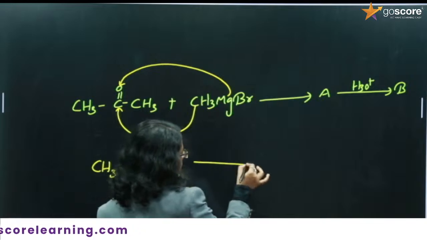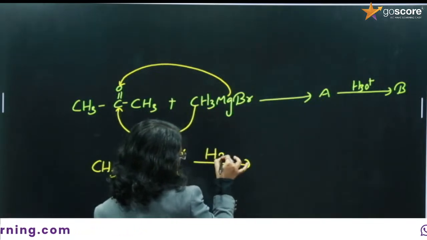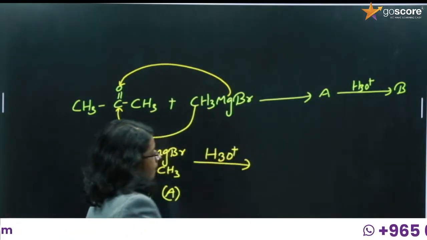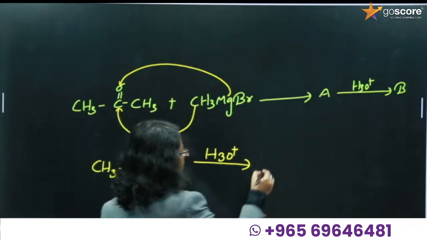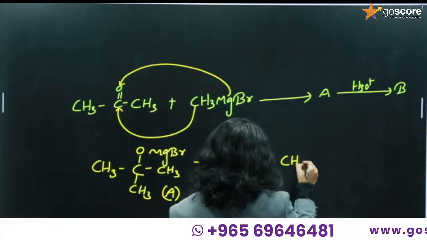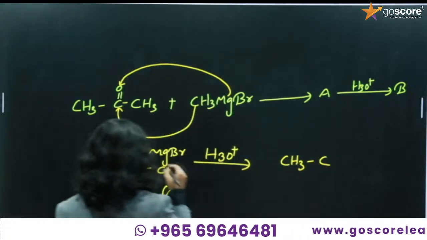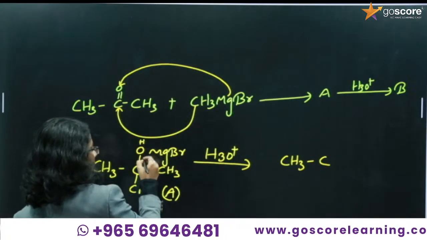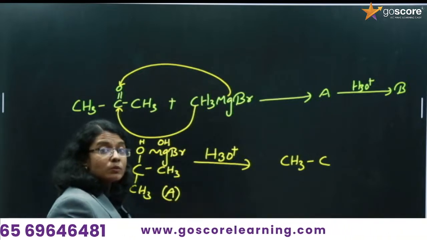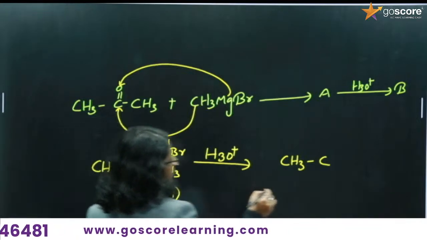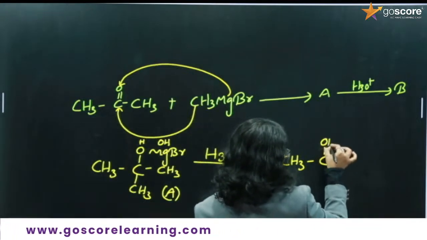Then this product on hydrolysis, that is H3O plus, you will get tertiary alcohol. Here add one hydrogen here and OH. This will eliminate as MgOHBr. So you will get tertiary alcohol.